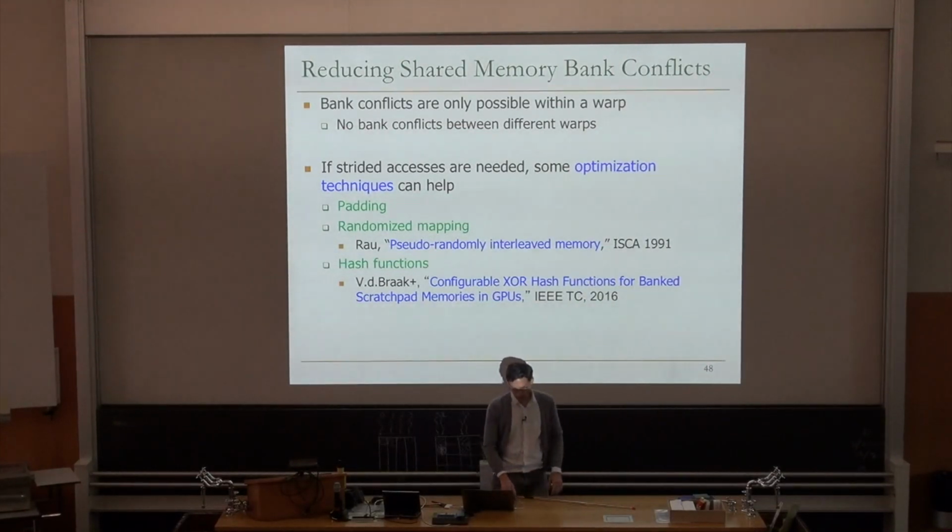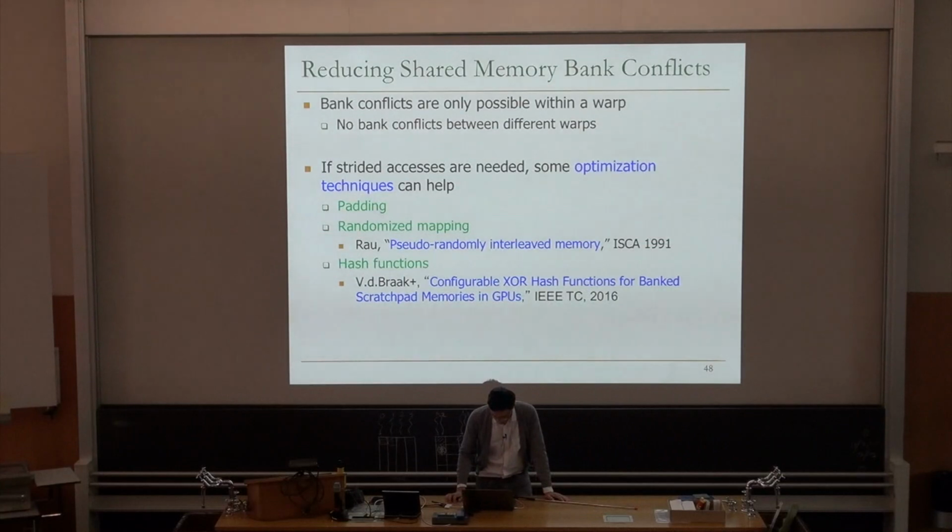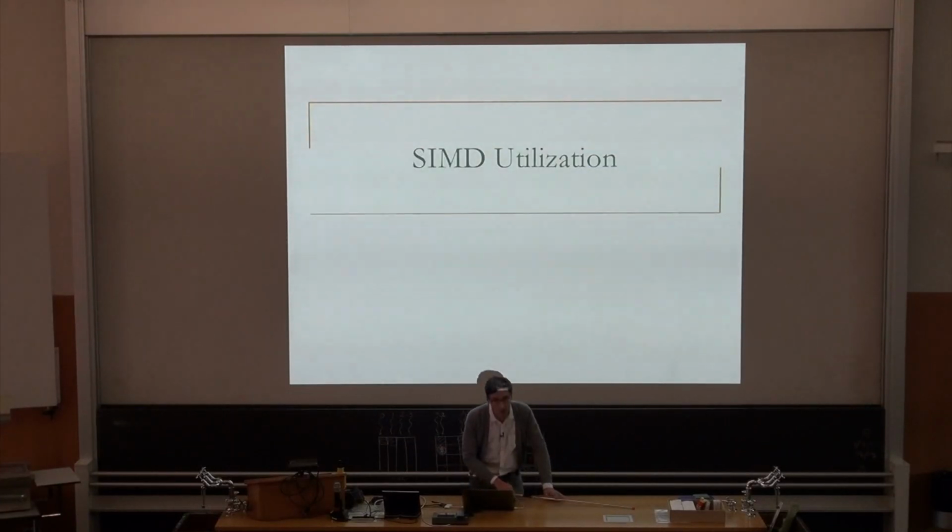Okay. So now we are done with memory access. We have discussed how to optimize the access to the global memory with coalesced memory accesses. We have talked about data reuse.